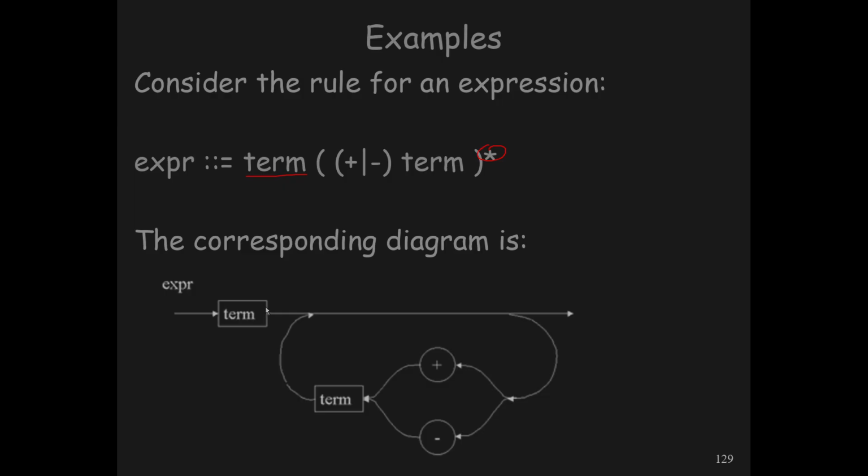When you have a star, you can have an arrow just going directly to the end with a branch that loops through some other stuff, okay? Which is the stuff in the group, okay? Now the first part in the group is either plus or minus. So you have some branching here, either plus or minus. And following the choice, you have a term. So wherever you go, you're going to go back into this term and continue on, okay?